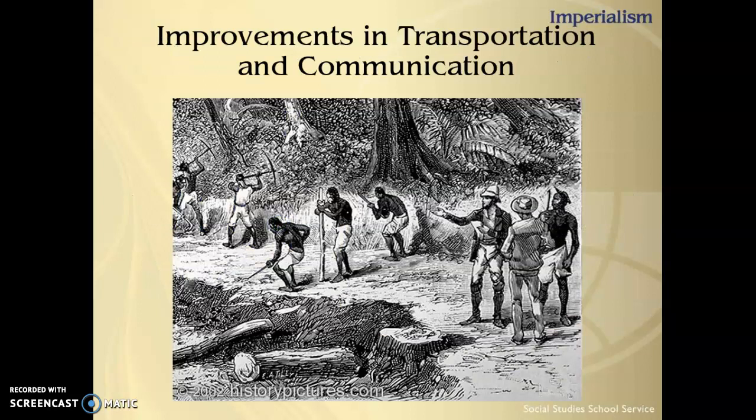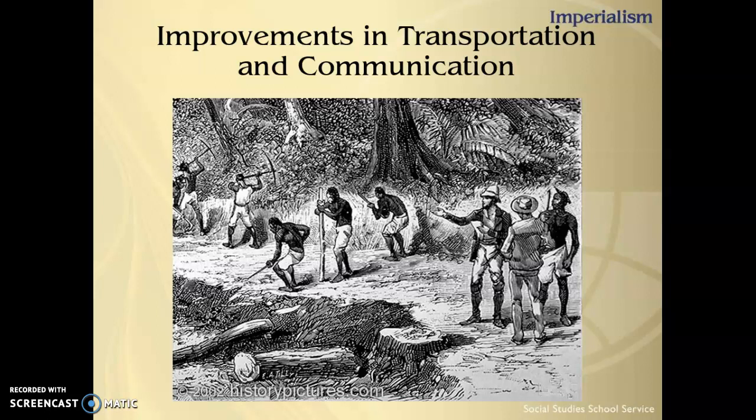But thinking about this idea of the Europeans improving the infrastructure of the interior of Africa in terms of transportation and communication, they're going to construct roads and bridges, lay thousands of miles of railroad in order to facilitate the movement of goods and people across the African continent.